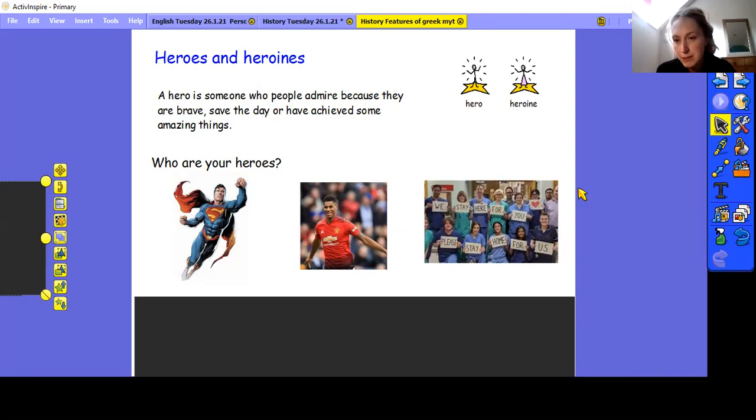And we clapped for these people who are the heroes who are working in the NHS, the doctors and the nurses and the carers, and all of those people who are looking after all those really sick people who are really sick with coronavirus. And so some people would say they're heroes, really, because they're quite brave, putting their own lives at risk and really saving the lives of some of those people who are very sick. So they could be another kind of hero. So perhaps if you get a chance to, or you want to pause the video, you could think about who your heroes are.